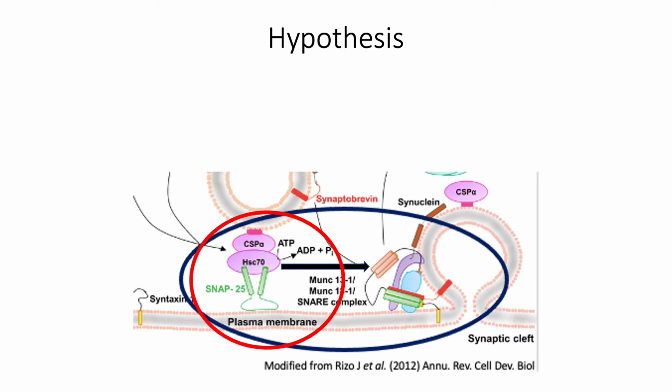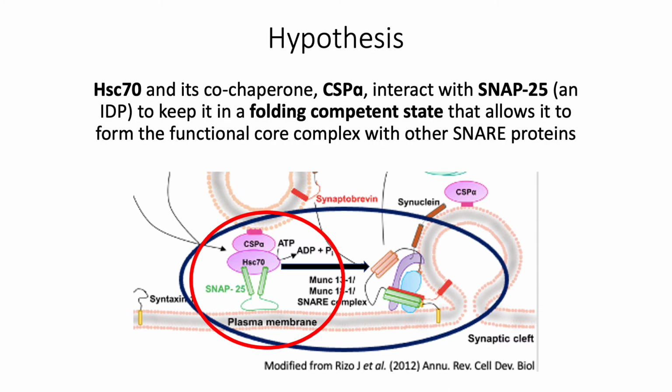So there's a chance that it could be in the correct folding state for the SNARE complex, and a chance it could not be. Our hypothesis is that HSC70, CSP alpha, and SNAP25 interact in order to keep SNAP25 in a folding competent state that allows it to be ready to form the core complex with the other SNARE proteins.